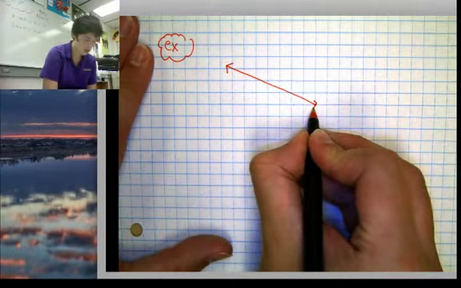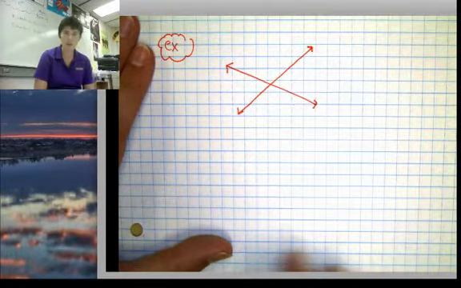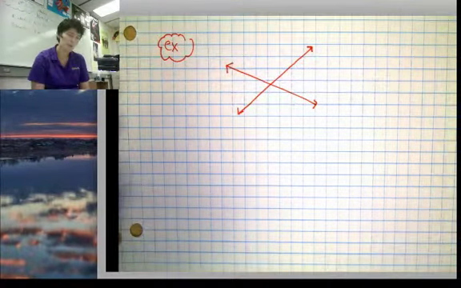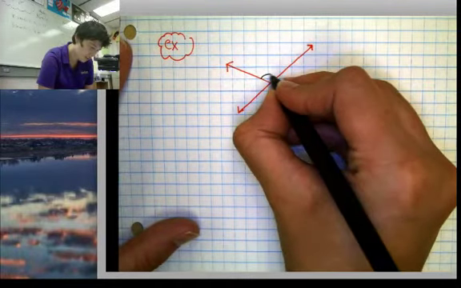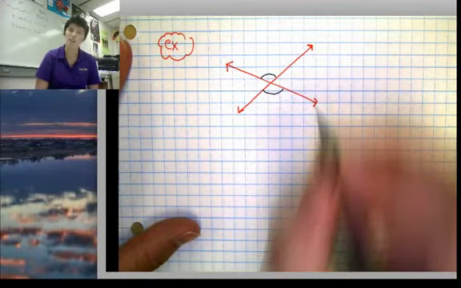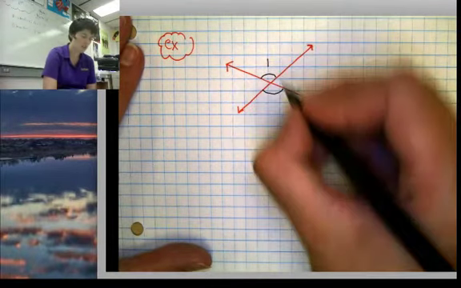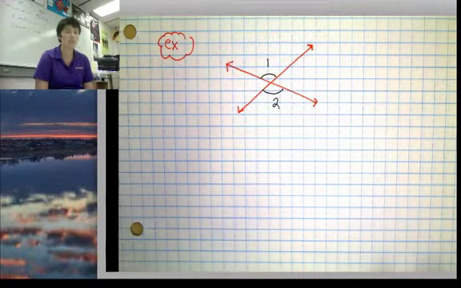Here's a line, and here is another line. You can draw them at different angles. The special angles that form are the ones that go across from each other. I have an angle here and an angle here. If I tried to measure them, it turns out that this angle, we'll call angle 1, and this angle, we'll call angle 2, end up measuring exactly the same.